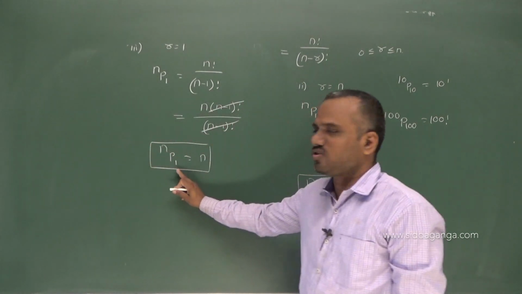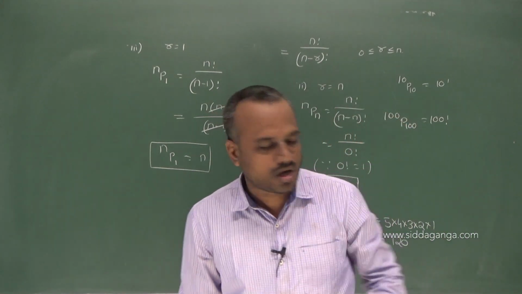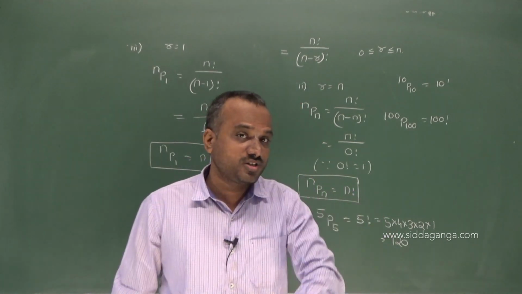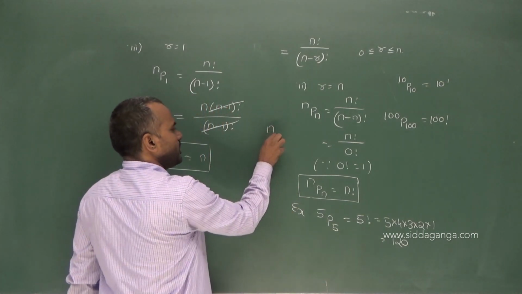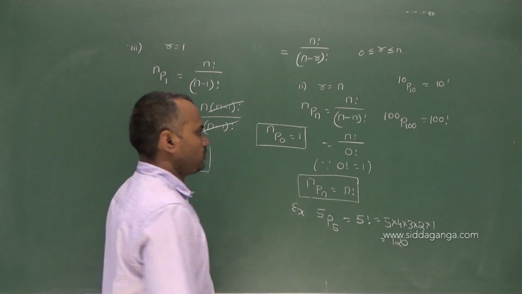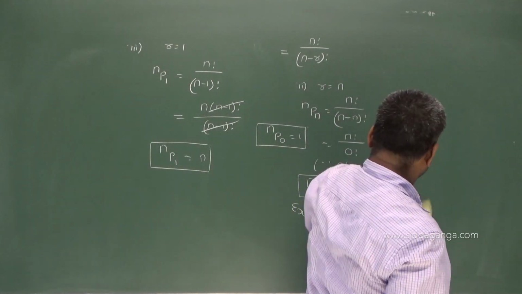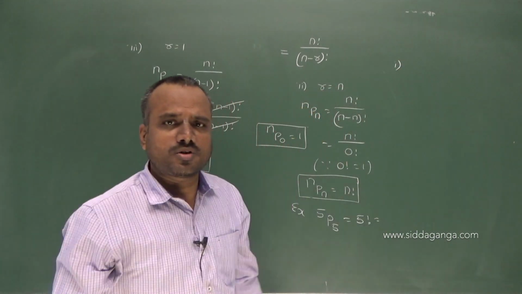If r is equal to 1, it is n. If r is 0, it is 1. If r is n, it is n factorial. One by one you have to see those results.